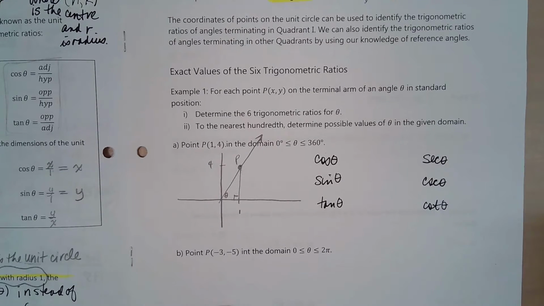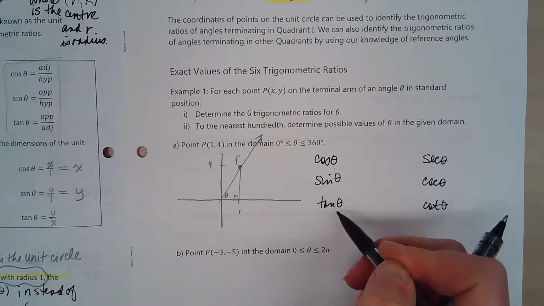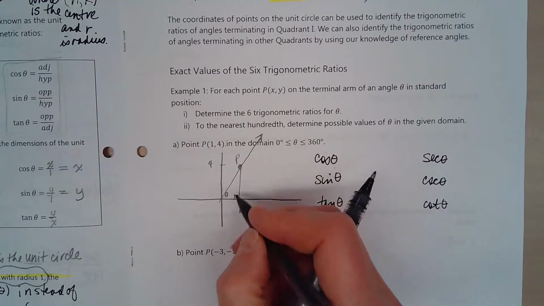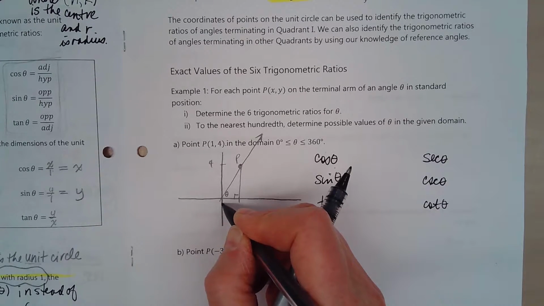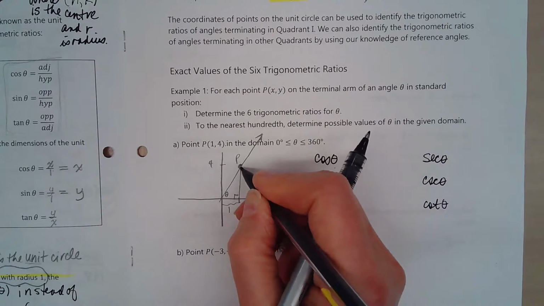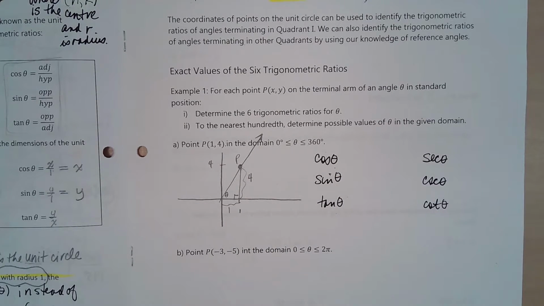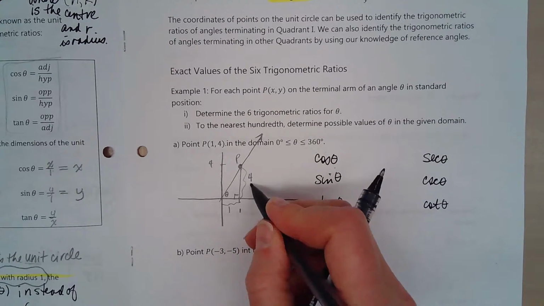All right. So what do I need in order to come up with my cos, my sine, and tan? I need to know this length, right? This is 1. This side is 4, right? And how long is the radius then?